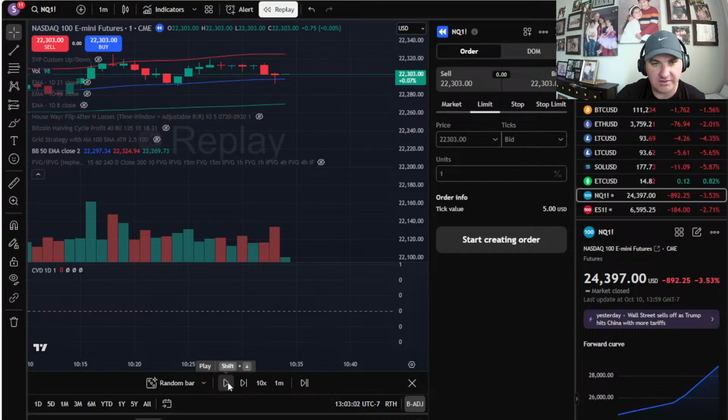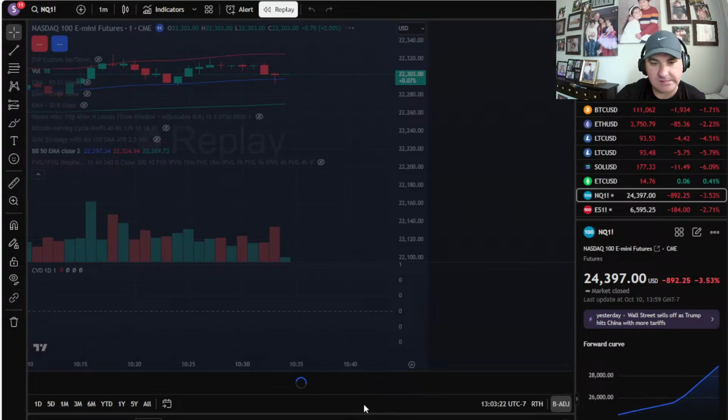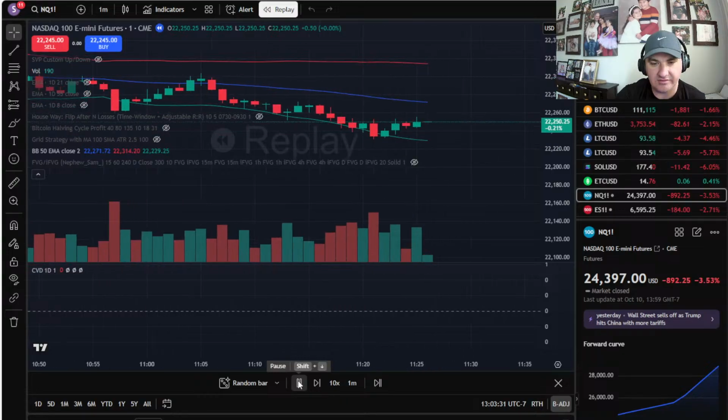Uh-oh, looks like my TradingView might have frozen up. I don't know if it's because I'm just running too much stuff here, but sometimes TradingView does this. Okay, it's back. Still freezing.